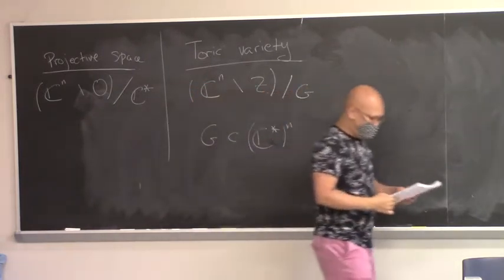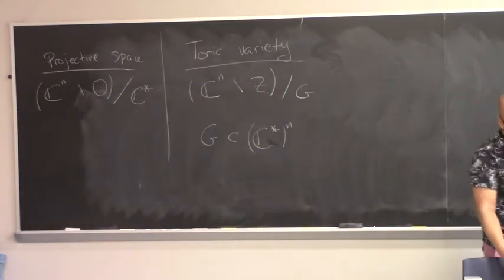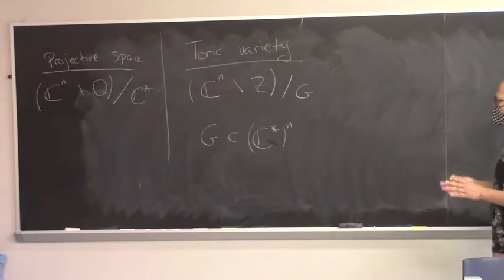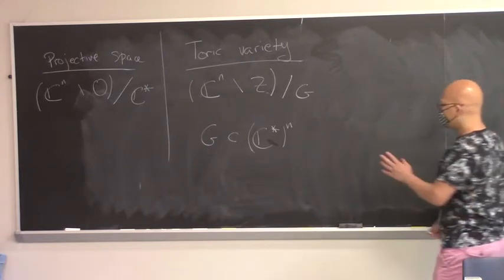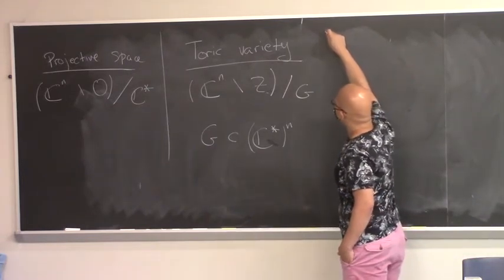Okay, so later on, we're going to have the usual discussion with cones and fans and so on. But for now, I would like to present my toric variety in this way.